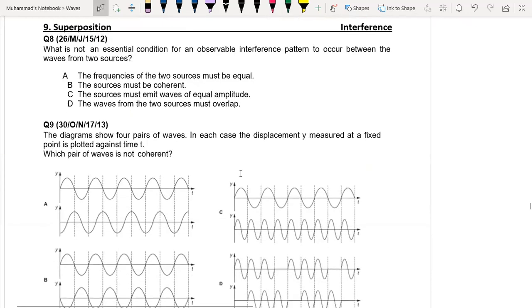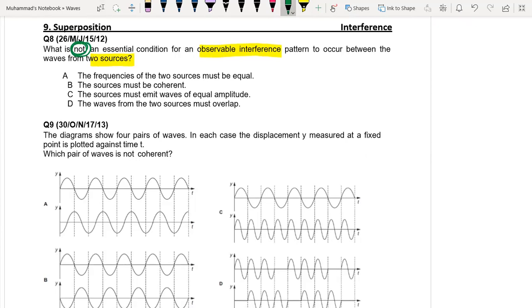Question 8 is: what is not an essential condition for an observable interference pattern to occur between the waves from two sources? This is a very important condition that is necessary for interference to be observed. So we have to find the option that is not a necessary condition for interference to be observed.